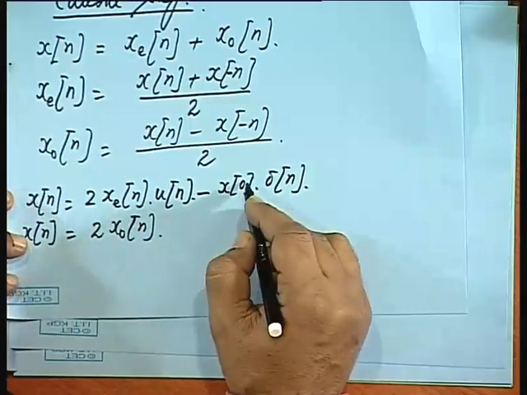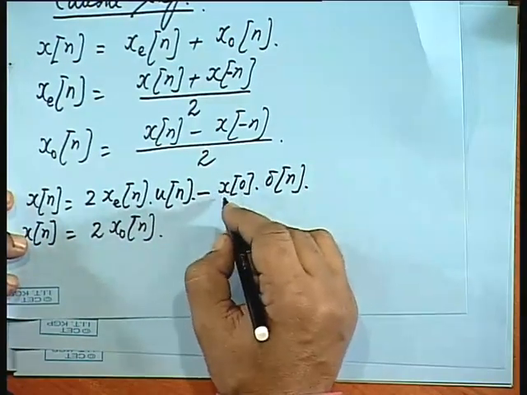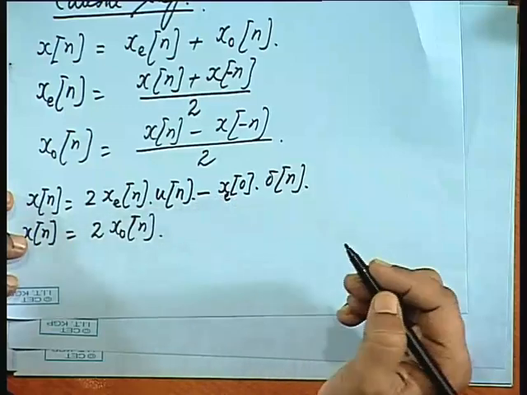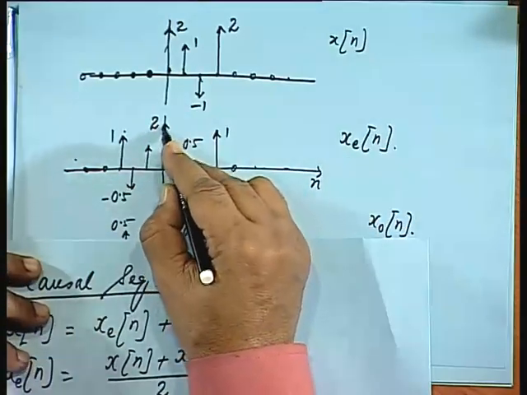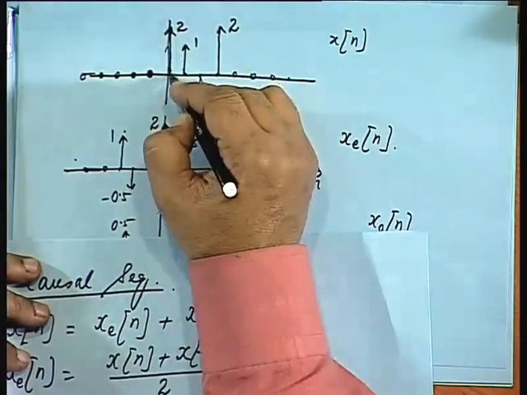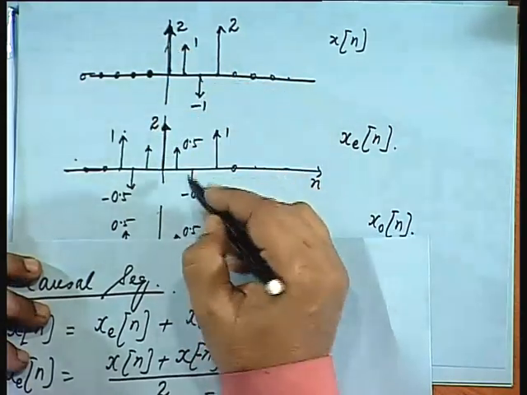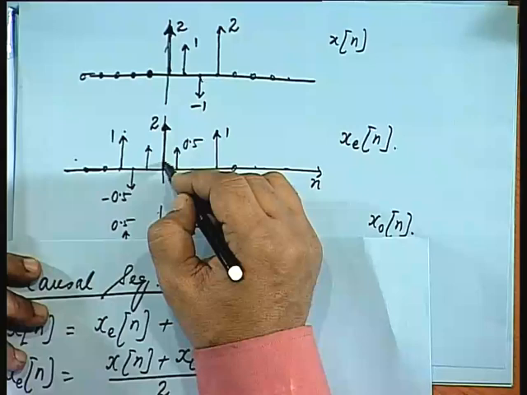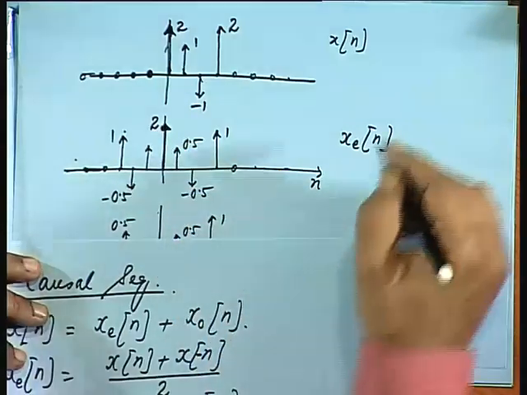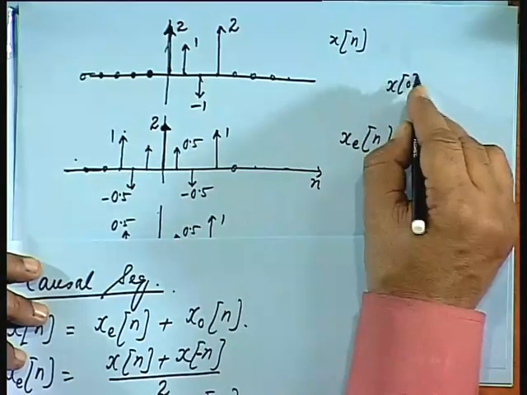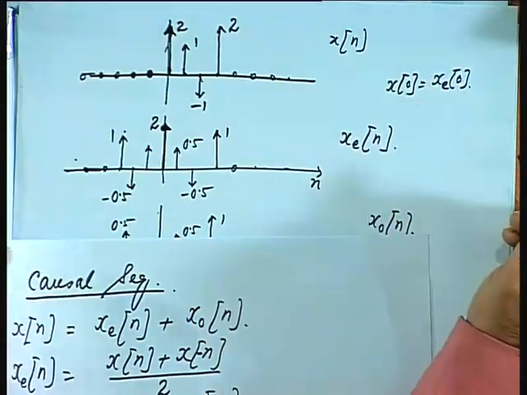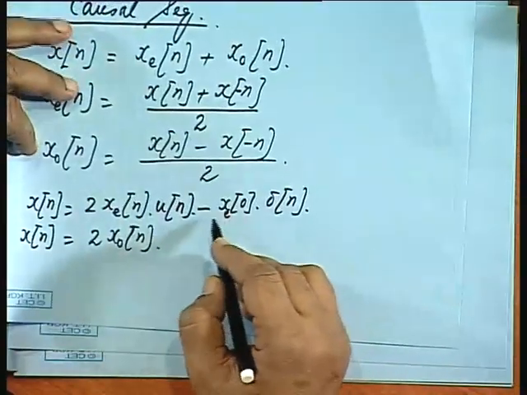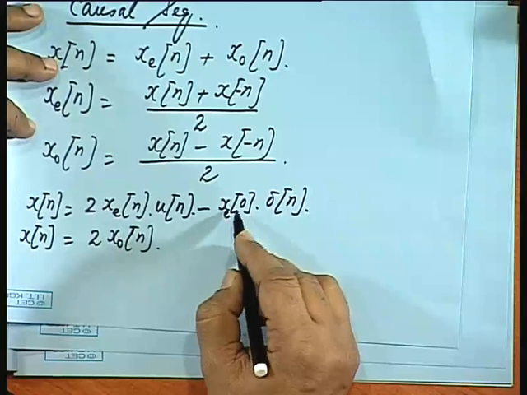Mind you, x at 0 is same as x e at 0, is it not? Even part gives me the same value at x equal to 0. Okay. Other values are halved, but this value is same. So, x at 0 is same as x e at 0. Okay. So, while subtracting it, I can also subtract x e at 0.